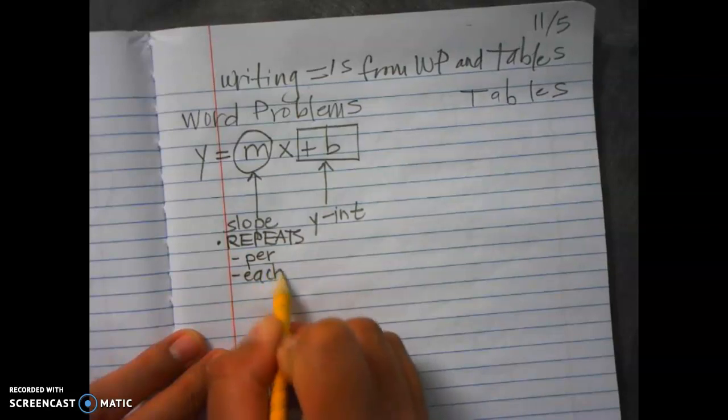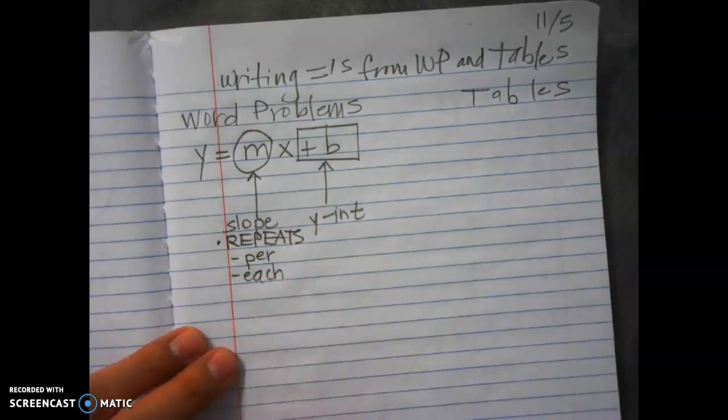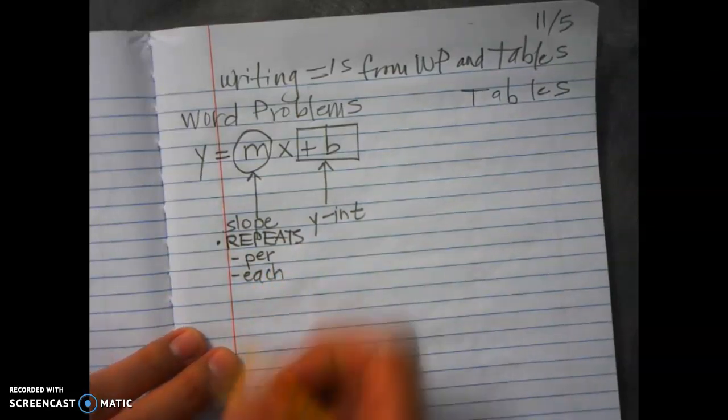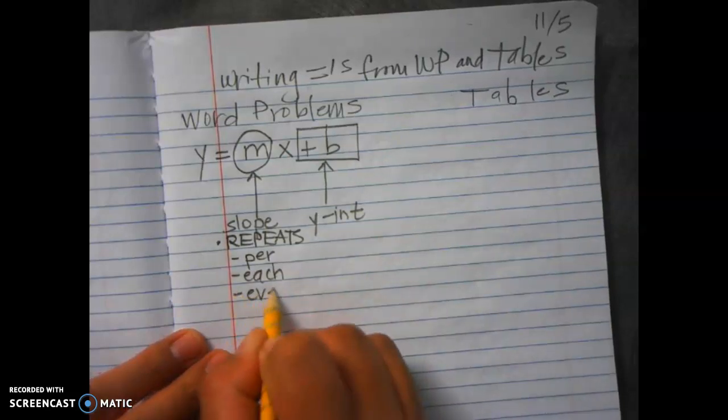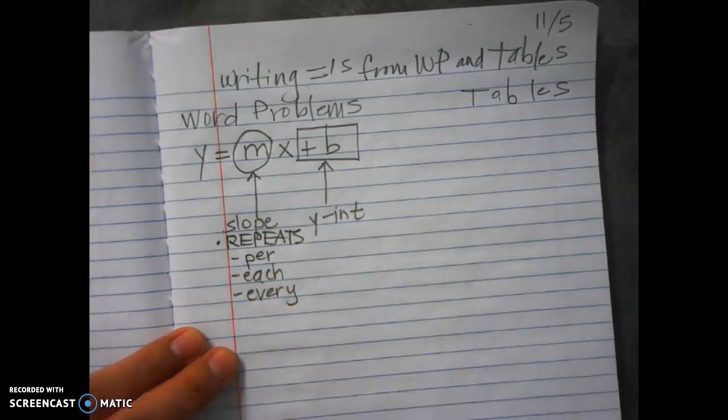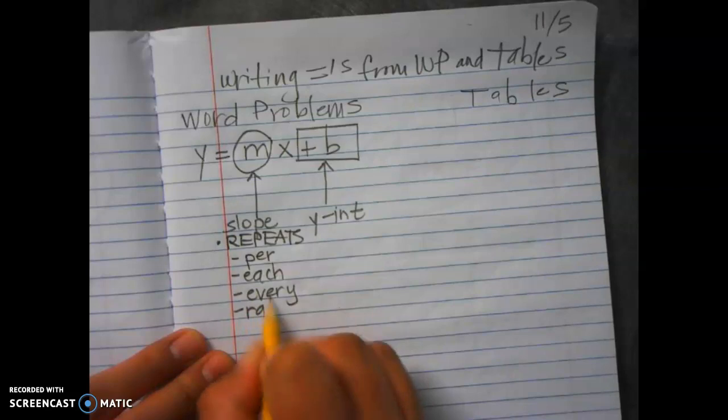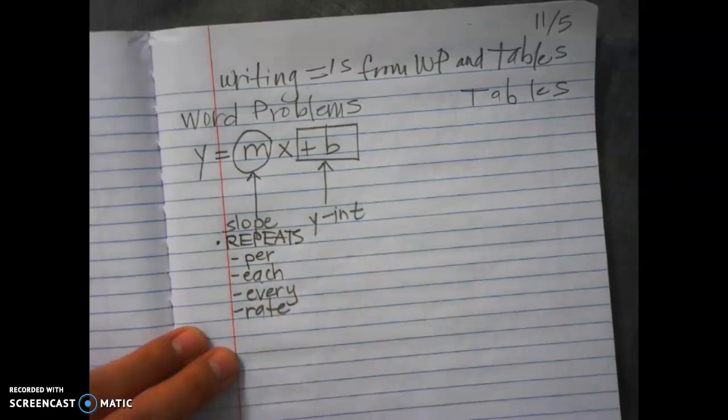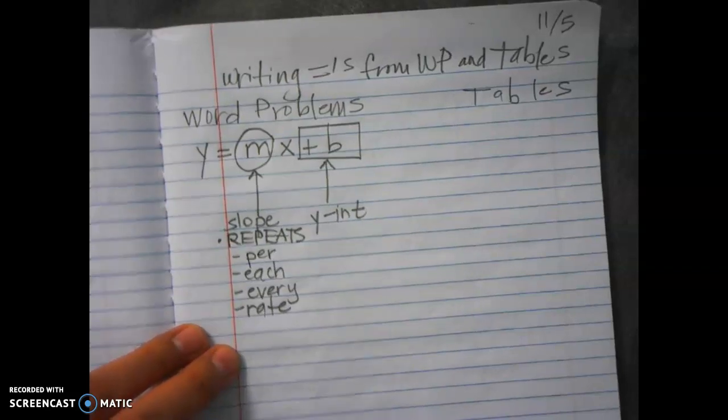Each day, each year, each period. Every minute, every day, every hour, every month, right? And then rate. Rate per hour, rate per day, rate per second, okay?